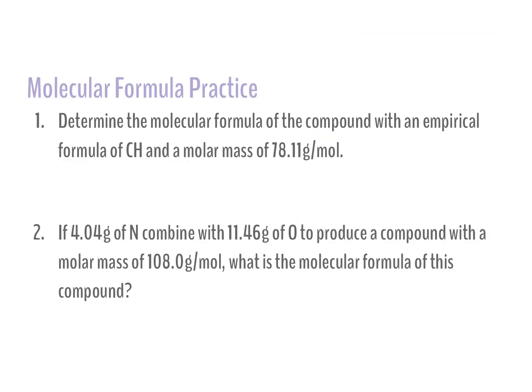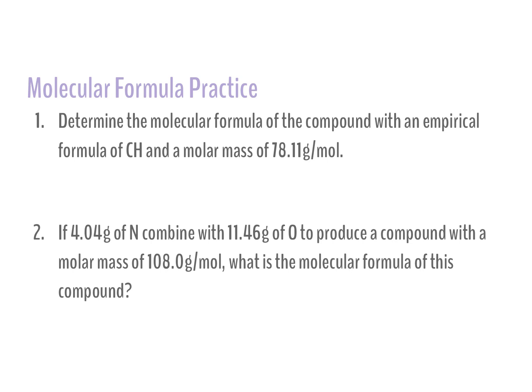We said empirical formulas are the most reduced versions of their compound, but molecular formulas are not necessarily so. Okay, they could be a reduced version or they could be a larger covalent compound, right? Remember, you'll never have a larger non-reduced version of ionics because that's the definition of an ionic compound, is that it reduces. So I'm going to show you kind of how we get there, okay?